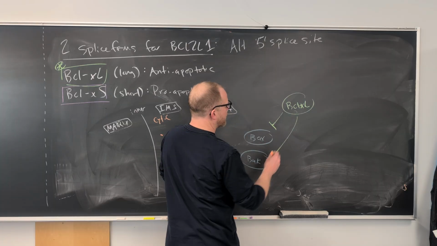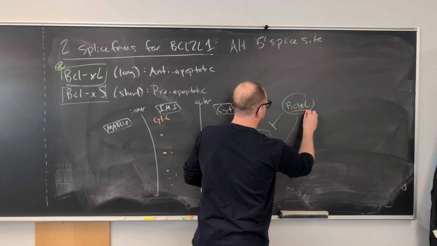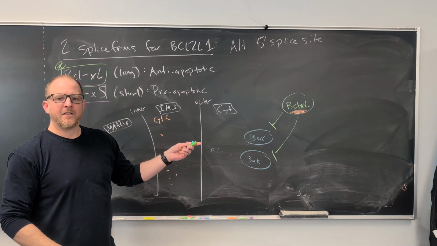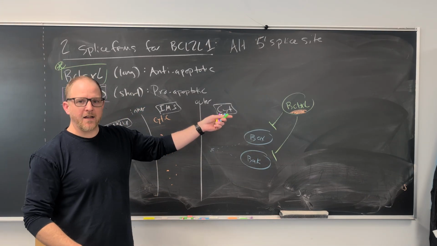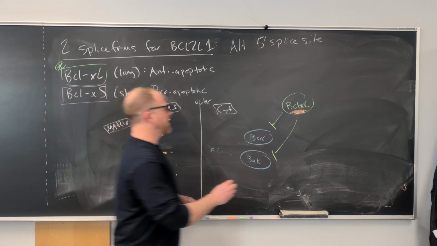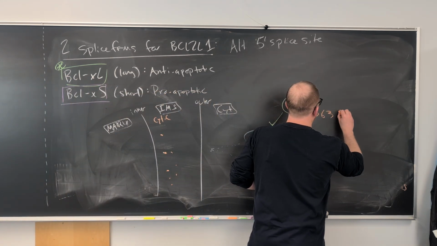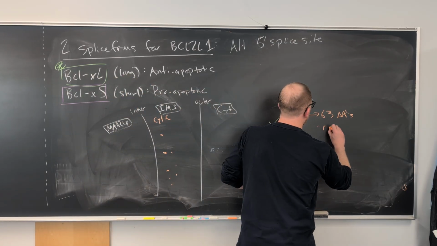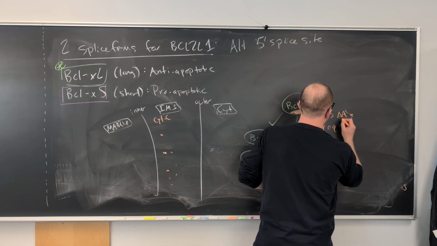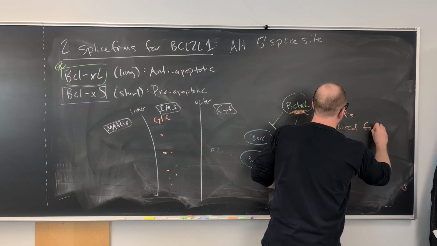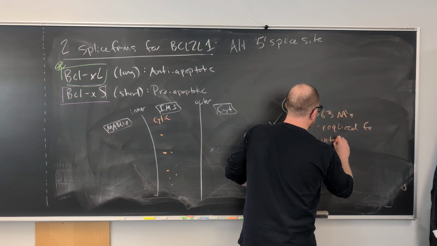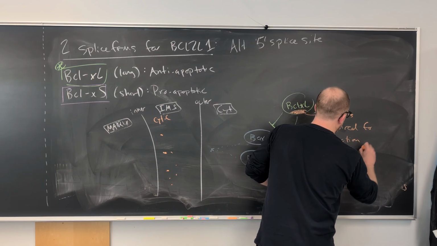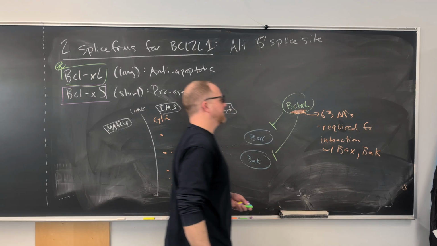So I'm going to draw in right here a little orange chunk, and what that represents are those 63 amino acids that are included in XL but excluded from XS. So these are the 63 amino acids I just talked about. It turns out that these are required for interaction with BAX and BAK.